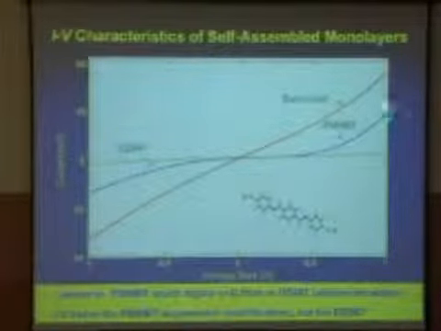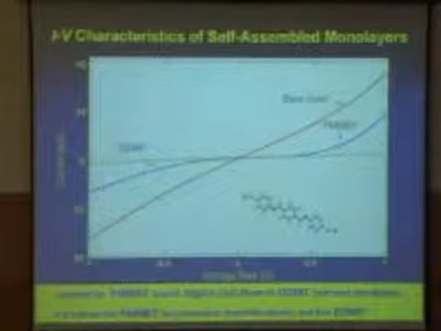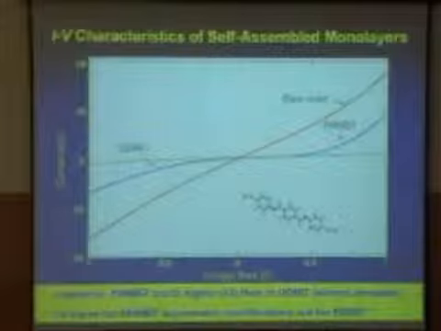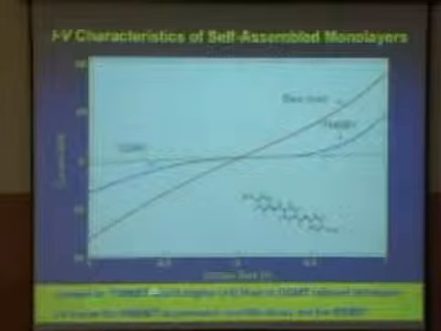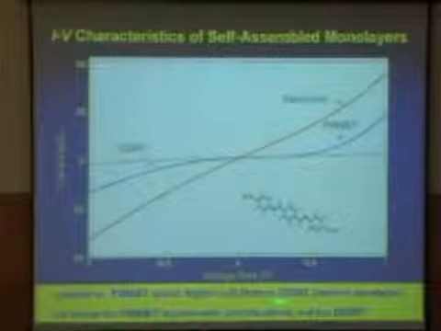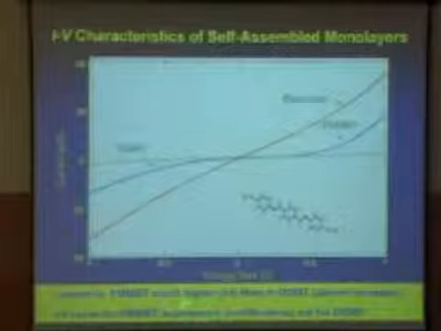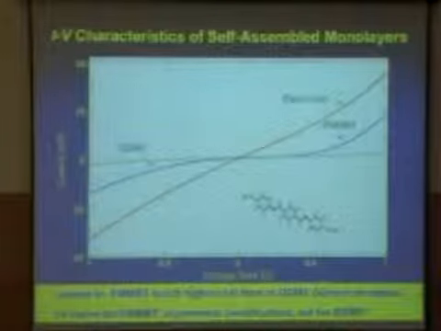But if I use PMBT, you can see an asymmetric shape of this curve. So rectification is occurring. And if you also see magnitude-wise, the current in PMBT is much higher than the so-called insulating molecule. And because of the asymmetric shape, rectification is indeed being predicted here. So this is again a diode or rectifier.